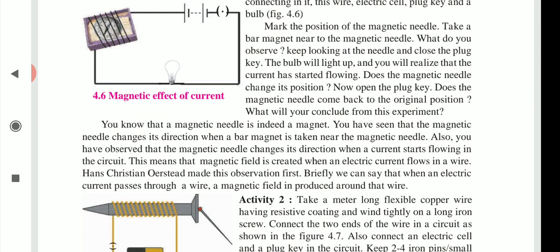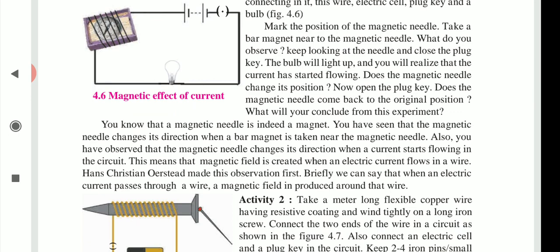So we can say that when an electric current passes through a wire, a magnetic field is produced around that wire. Okay, it is the conclusion of this activity.